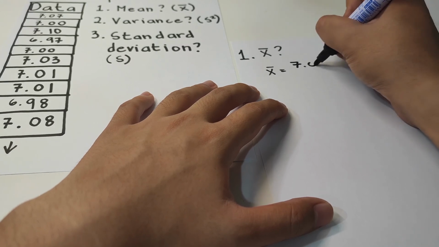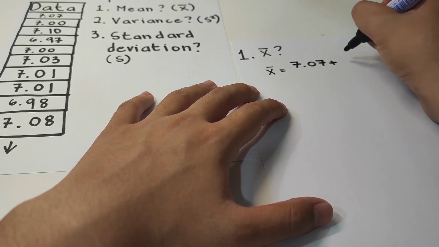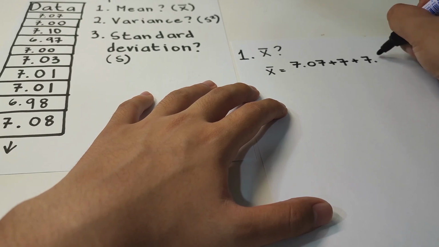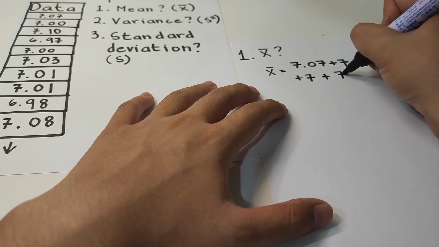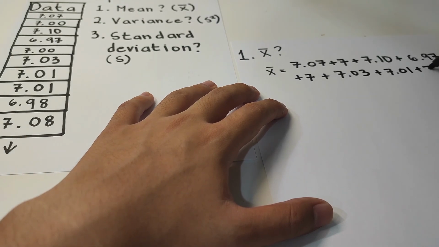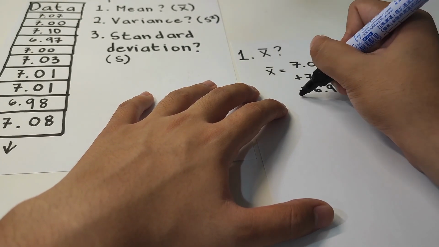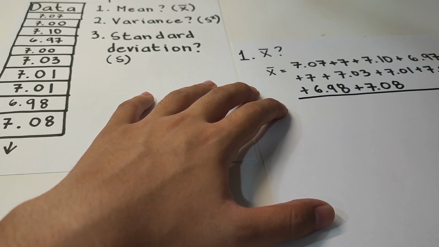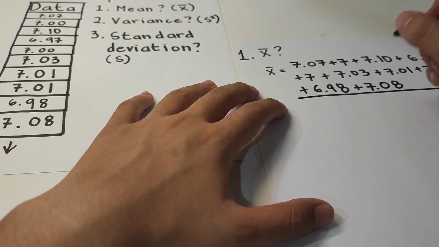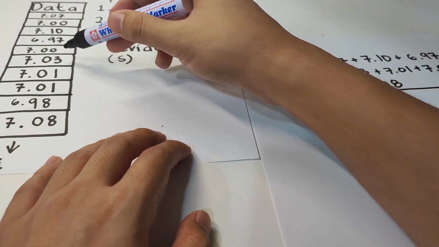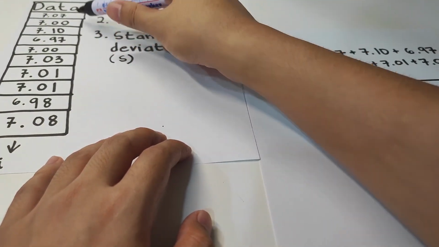So we have 7.07 plus 7 plus 7.10 and so on, all over the sample size, which is n, and it is 1, 2, 3, 4, 5, 6, 7, 8, 9, 10.